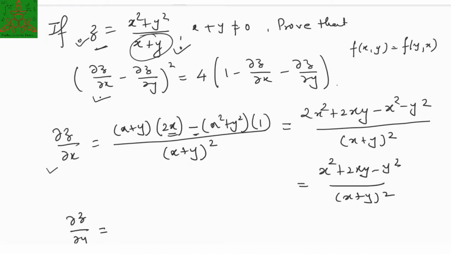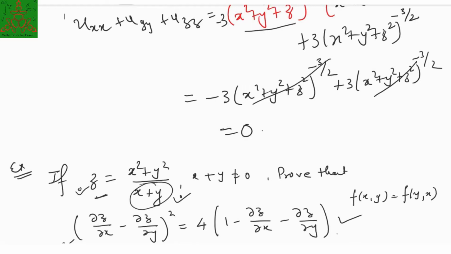Whenever x is there you replace it by y, and where y is there you replace it by x. So ∂z/∂y will give you (y² + 2xy − x²) upon (x + y)².